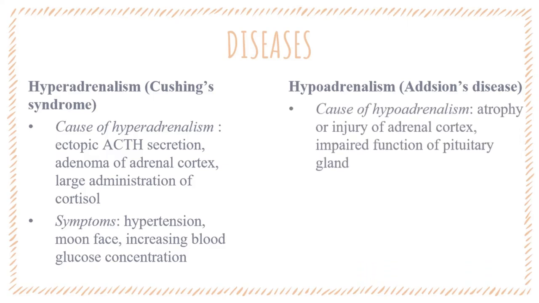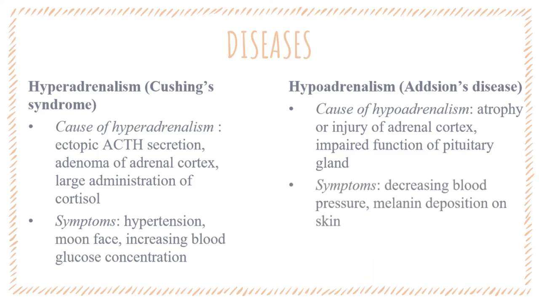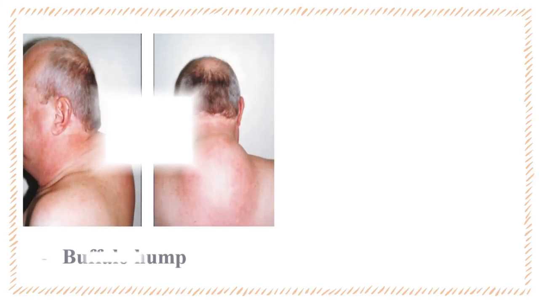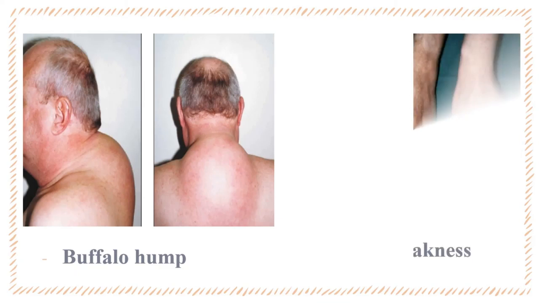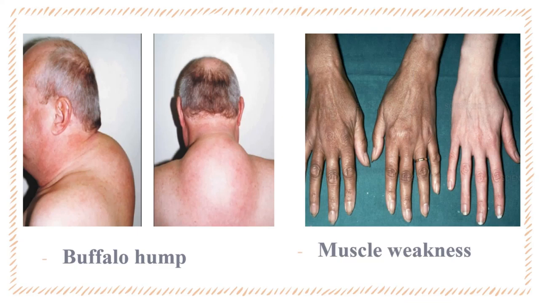Causes of hypoadrenalism are atrophy or injury of the adrenal cortex and impaired function of the pituitary gland. Some common symptoms are decreased blood pressure and melanin deposition on skin. Buffalo hump is a characteristic symptom of Cushing syndrome, and muscle weakness appears in Addison syndrome.